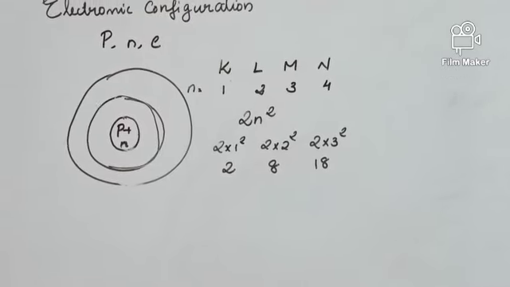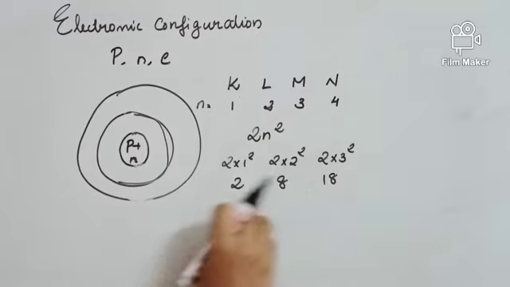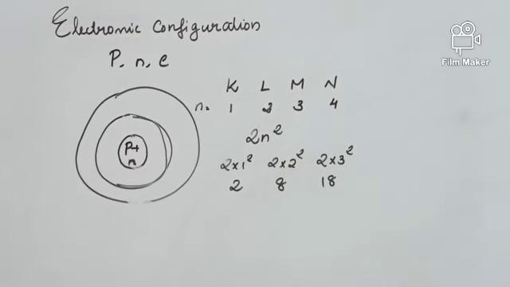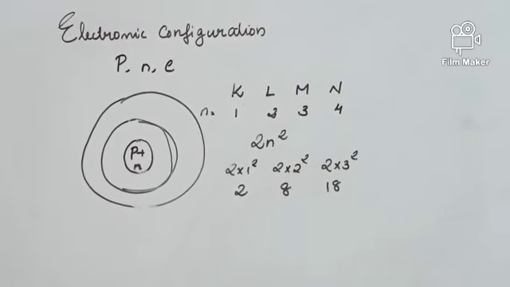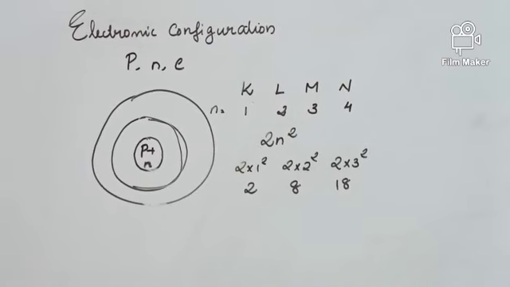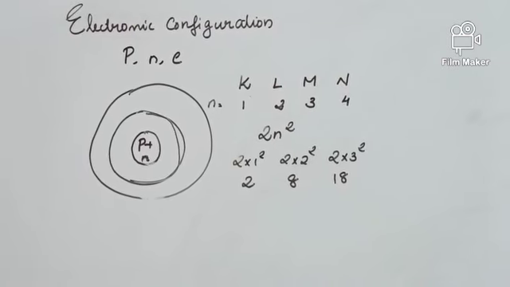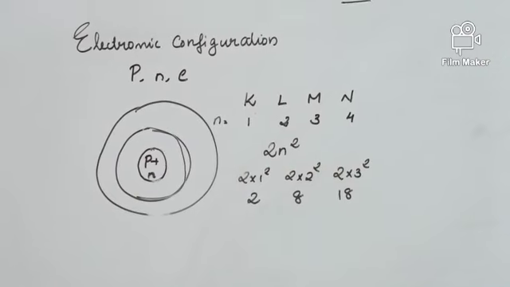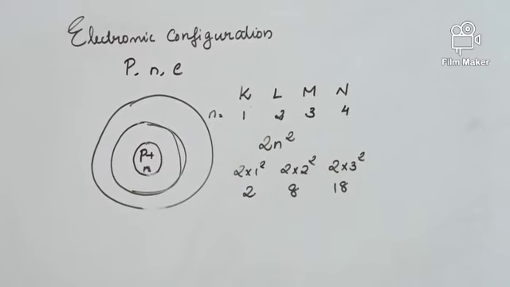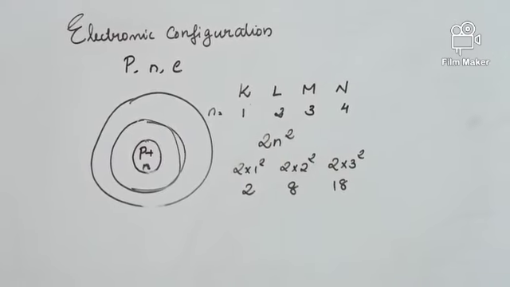The distribution or arrangement of electrons in an element across the nucleus through various orbits, according to this capacity, is called electronic configuration.